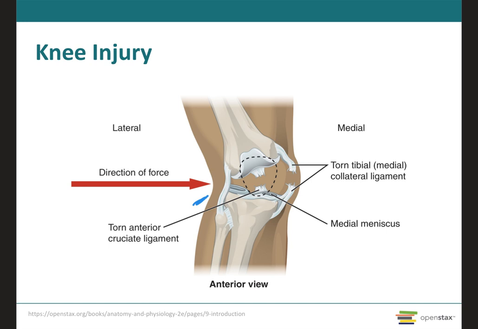The first thing that will occur is that you're going to have the tearing of the tibial collateral ligament, which is the ligament that runs from the femur to the tibia medially. Then it's going to cause damage to the medial meniscus right over here. And lastly, you're going to have the rupture of the anterior cruciate ligament.